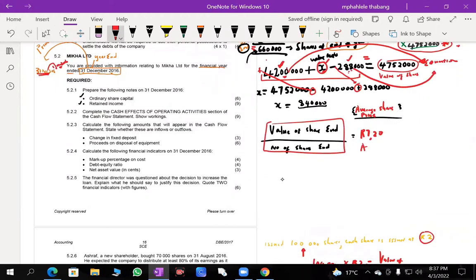Now, for the value of a share buyback, maybe there is something that you are missing, and this one is very important. To value the share buyback, we take 40,000 and multiply by the average share price.